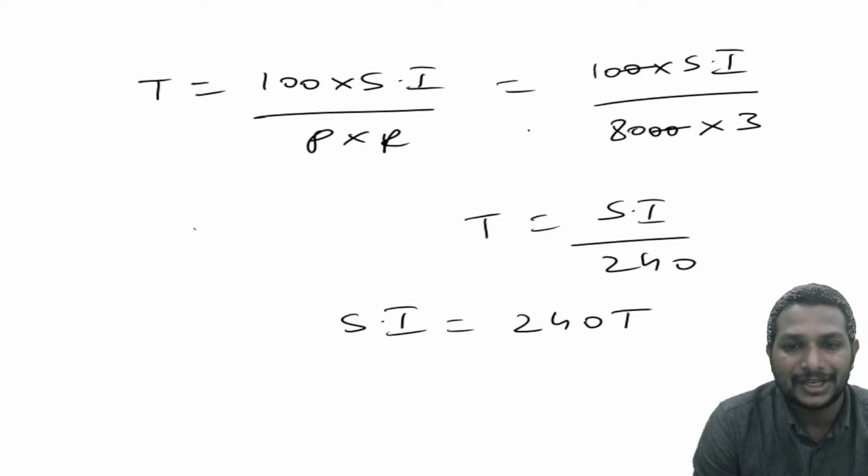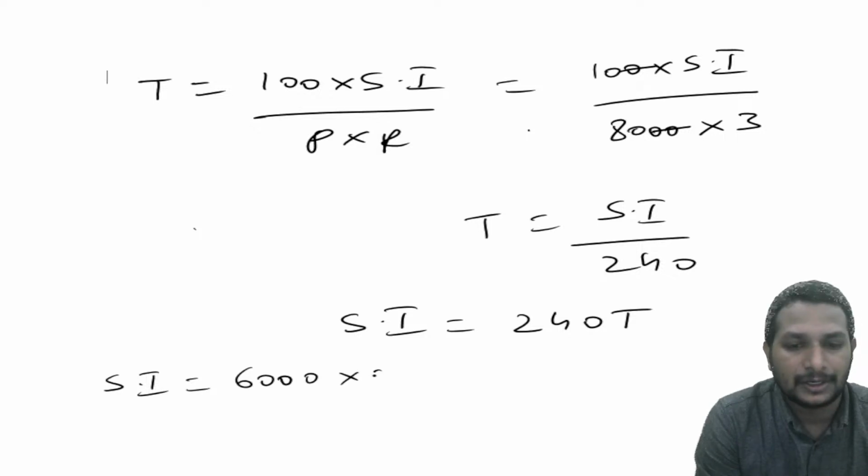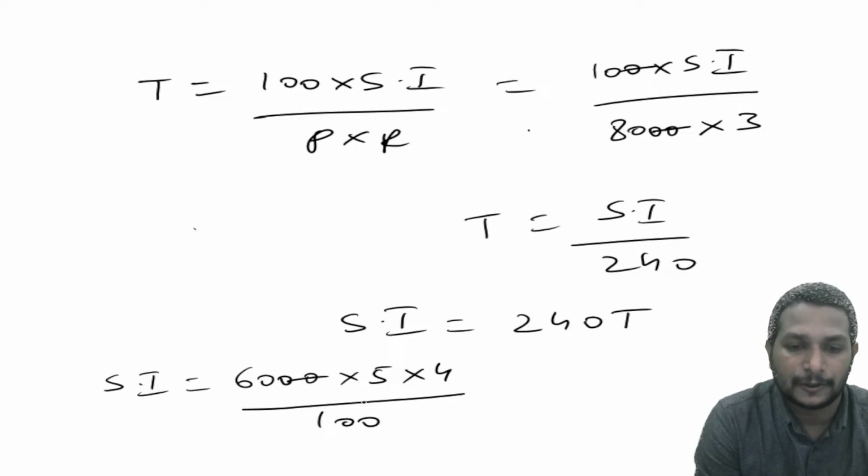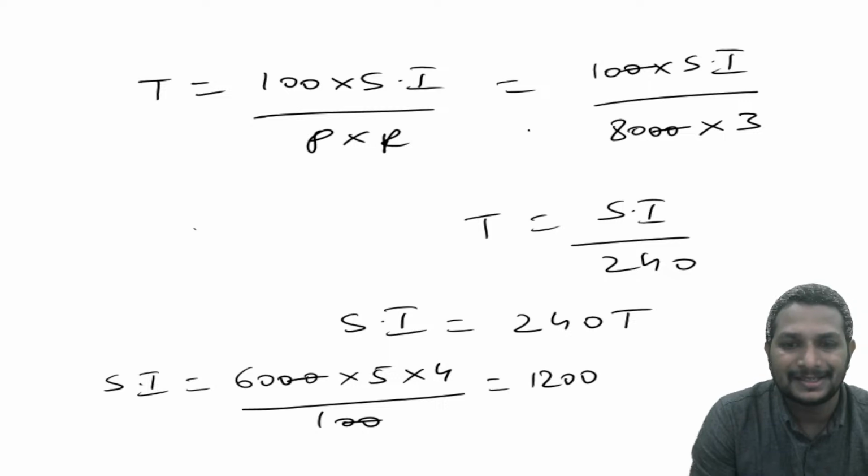Coming to the next condition, as I mentioned, simple interest is the same in both the cases. Let's check the simple interest for the other case. TR by 100, P into 6,000. As both the simple interests are the same, right?